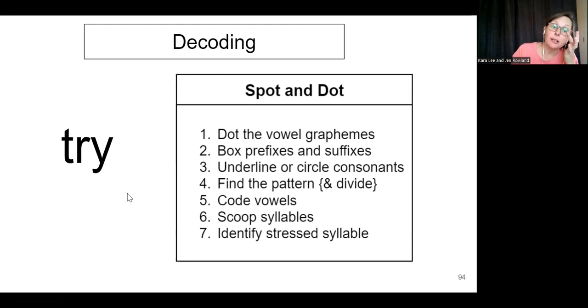Okay, so the lesson here is, how do I know what sound the grapheme Y will represent? Has something to do with the number of syllables.